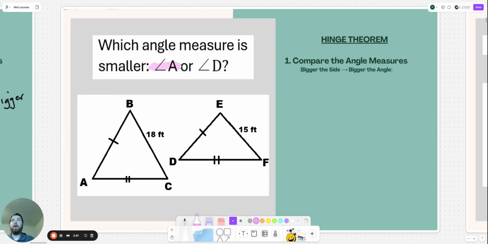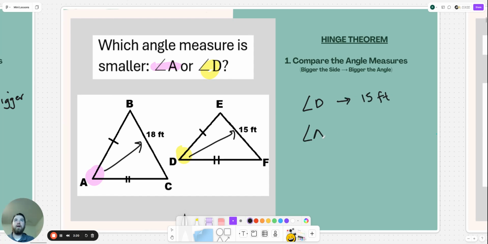So again, we've got angle A right here, and then we've got angle D right here. What we have to do is look at what's across. When I look at that, the side that's across from angle D is going to be 15 feet.